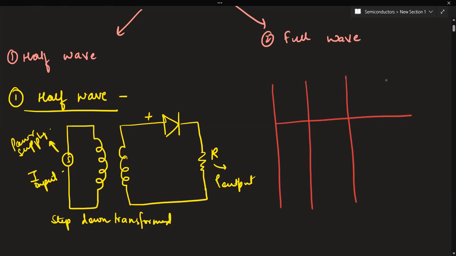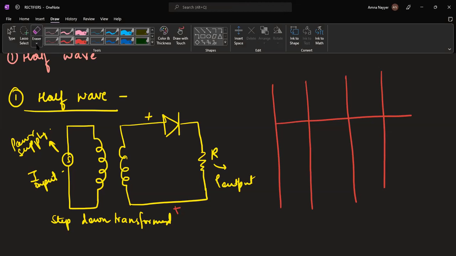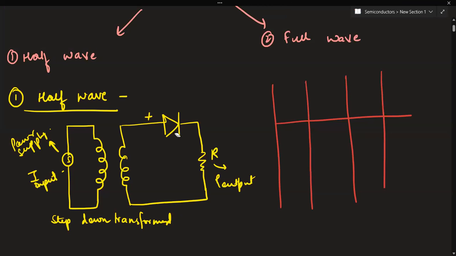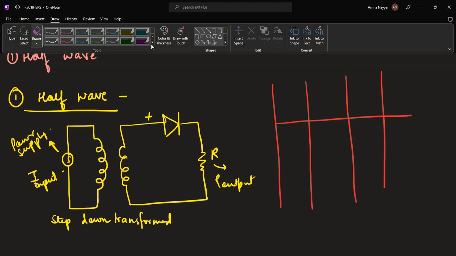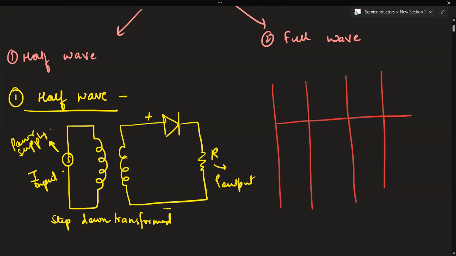Yes, ma'am, it will. Positive is connected to positive, so it will conduct. Positive part will be over here, and negative part will be here.